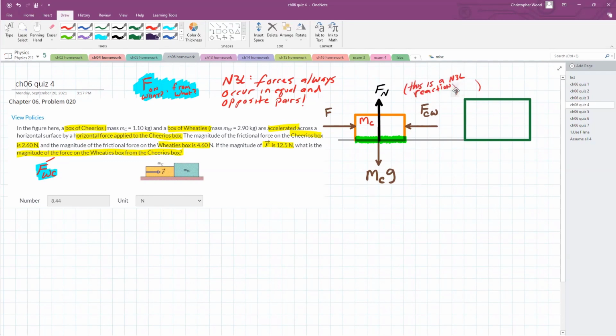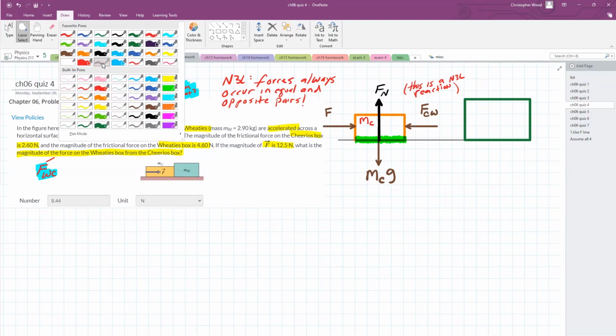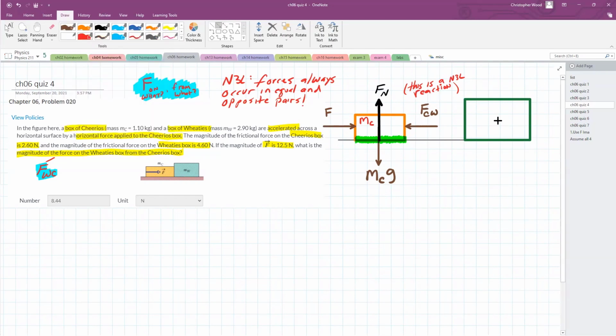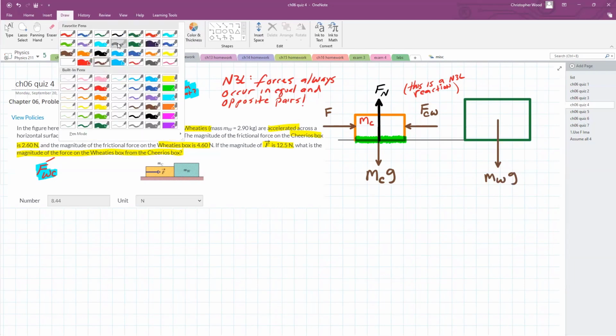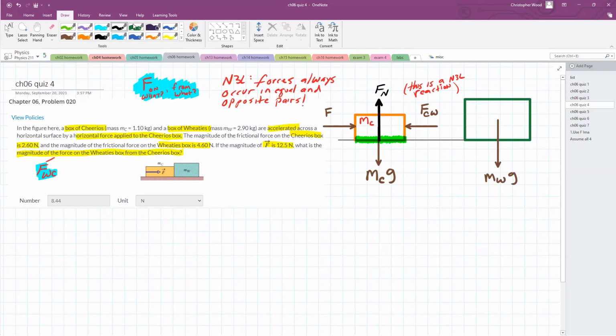Okay, just doing some housekeeping here. What's my free body diagram? I'm going to do the weight force acting on the Wheaties center of mass. This is mass of the Wheaties times g. I have another normal force, so I better worry about subscripts since I have two of them.